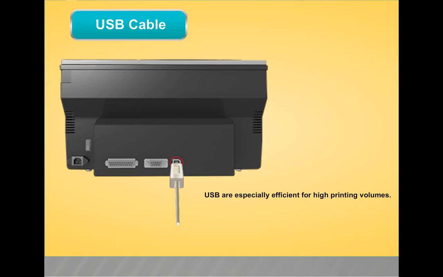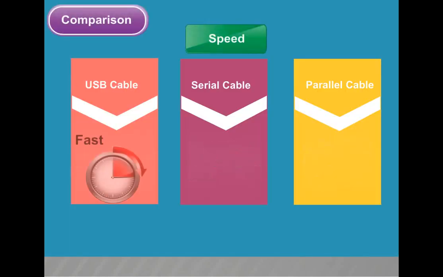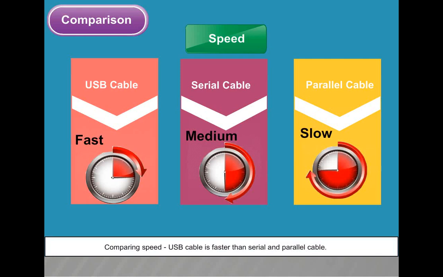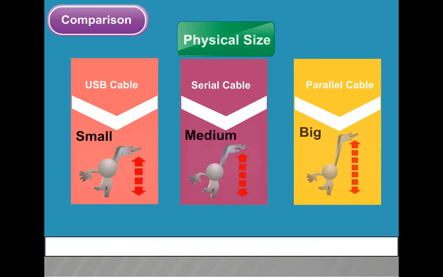USB are especially efficient for high printing volumes. Comparison. Speed. Comparing speed, USB cable is faster than serial and parallel cable. Physical size. While comparing physical size, USB is small and compact than serial and parallel cable.